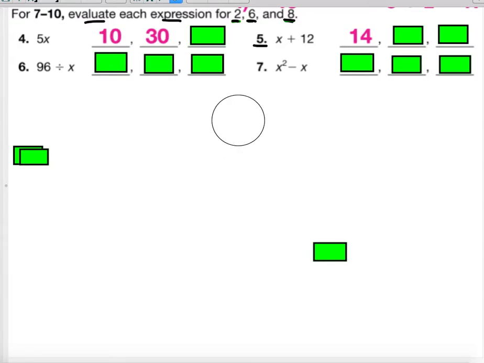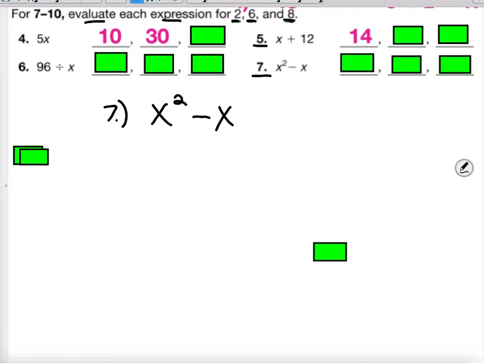All right. Let's take a look at number 7. See if you can solve number 7 on your own. Pause the video and give it a try. Here we go. For 7, we have our initial expression of x to the second power minus x.